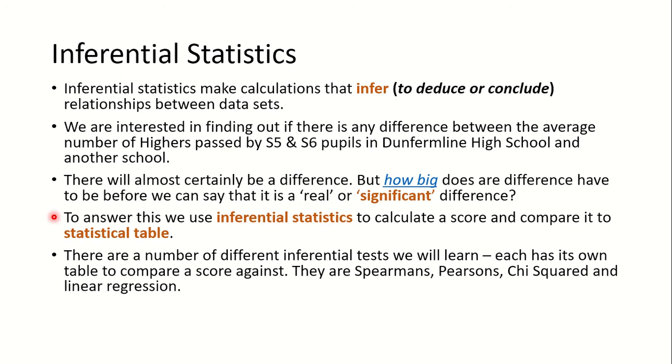Each calculation is more appropriate in some circumstances than others, and each calculation gives you, at the end of it, a score. And you use that score, and you compare it to a statistical table. And when you look the score up on that statistical table, you will know if you can accept your null or your alternative hypothesis.